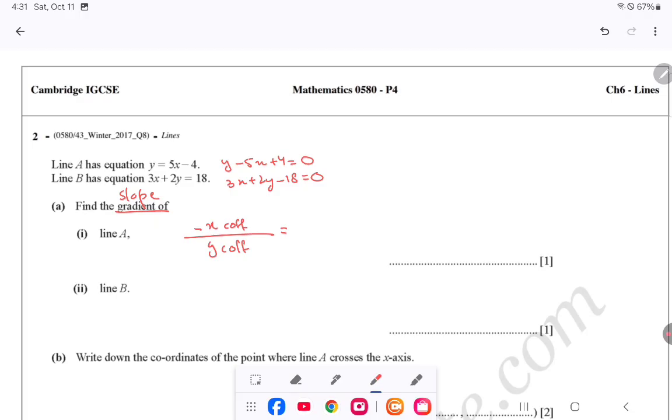The x coefficient becomes negative 5 here. So the formula is negative of the x coefficient divided by the y coefficient, which is here. No number is present, which means the coefficient of y is 1. So negative of negative 5 over 1 is positive 5. So the line A gradient, or we would say slope, is 5.